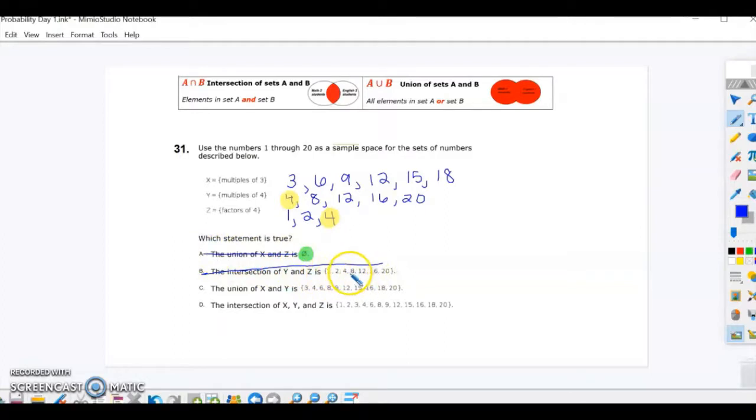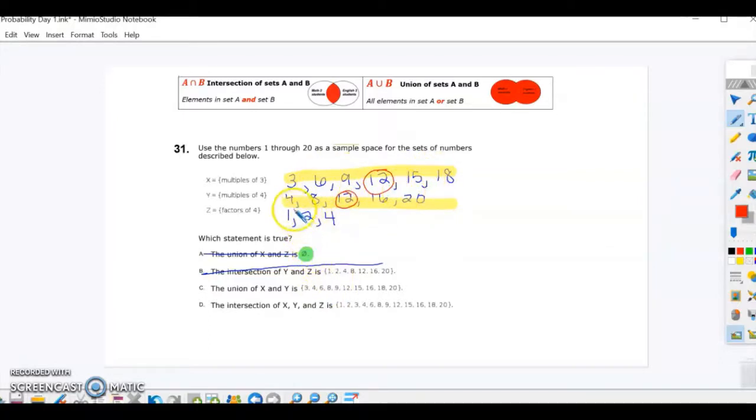This might be the union. Letter C, the union of X and Y, that means everything in X or everything in Y is included. That means we would list out all of these numbers and all of these numbers, but we would not write any duplicates twice. So I know they both have a 12. I believe that's the only number they both have in common.